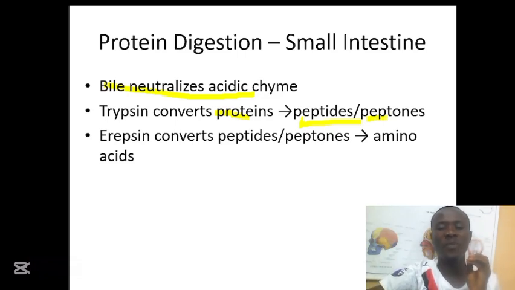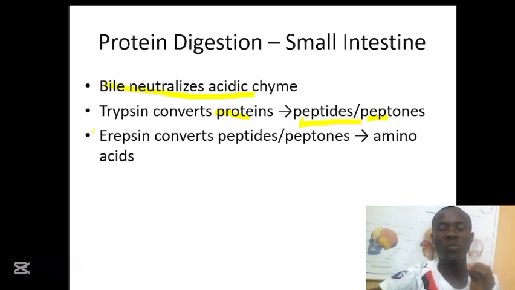Mind you, we have pepsin, which converts protein into peptides and peptones in the stomach, but not all of the proteins will be converted in the stomach. Those proteins which were not converted into peptides and peptones in the stomach will be converted by trypsin and chymotrypsin, etc., in the small intestine.